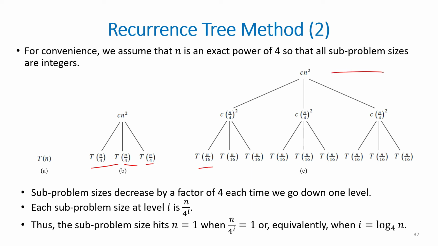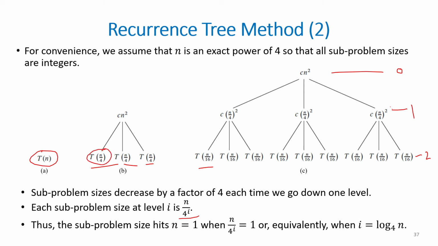So if we denote this as level 0, this as level 1, and this as level 2, we see that in level 0, the size of the subproblem is n divided by 4 to the power 0, which is equal to n, which is correct. Then in level 1, the size of the subproblem becomes n divided by 4 to the power 1, which is n divided by 4.